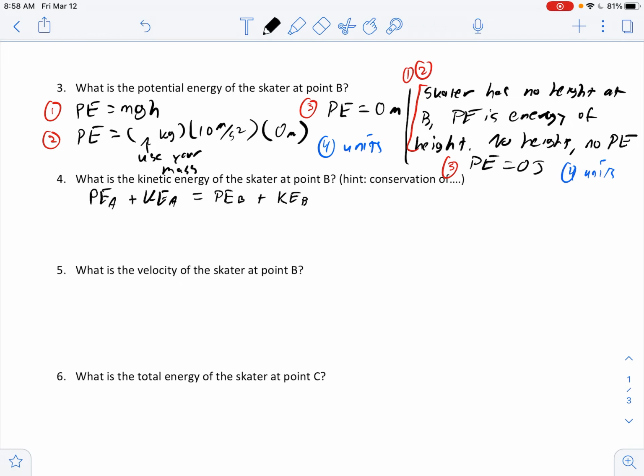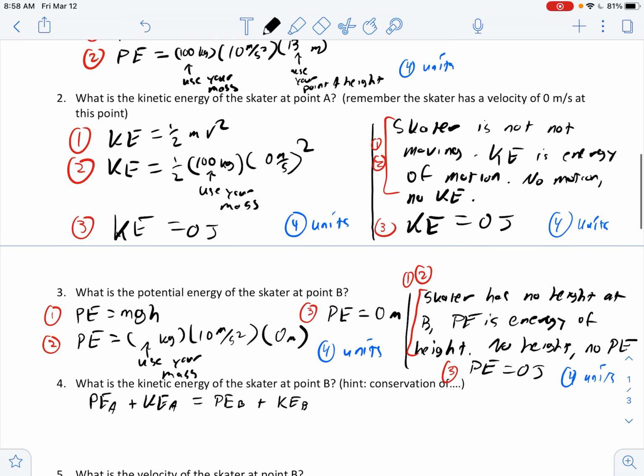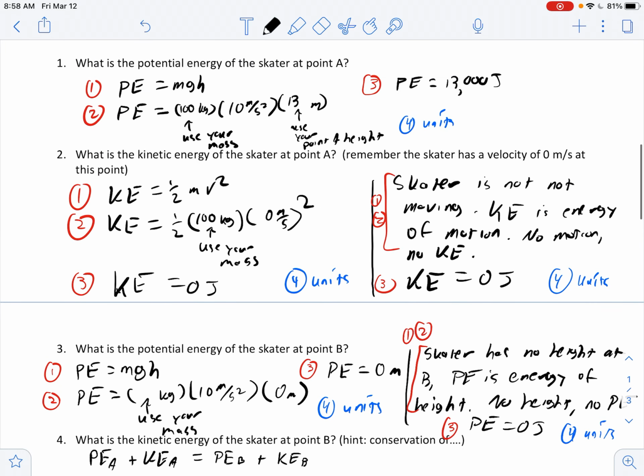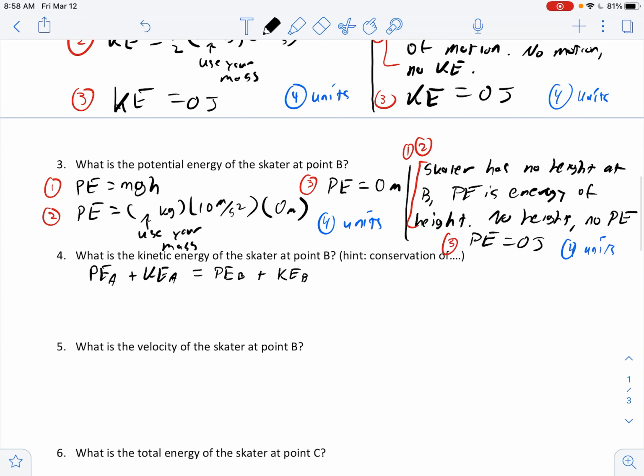If we sub in for what we know at point A, I found that it was 13,000 joules, so sub in whatever you found at point A for your potential energy. For everybody, the kinetic energy at A is 0 because the skater starts from rest. At B, the skater has no potential energy, the same for everybody, because the track touches the ground.